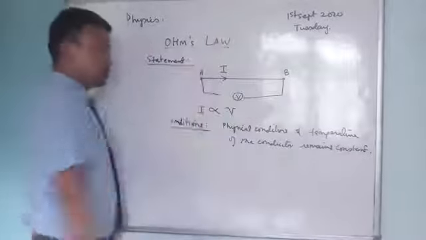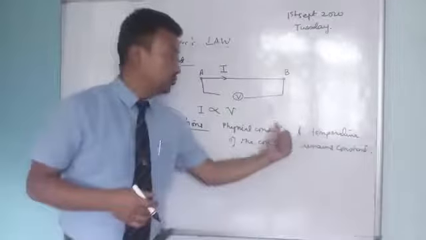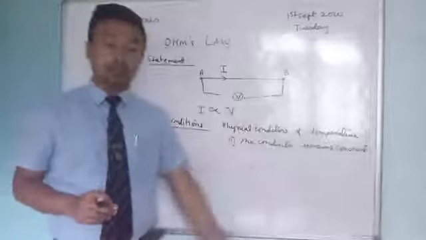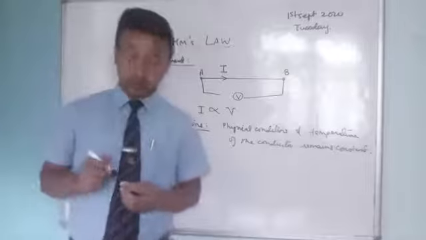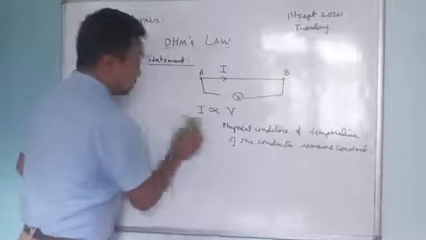Okay, so the temperature of the conductor remains constant. If these physical conditions are not fulfilled or these criteria are not met, then this relation may not come true. Okay, now let us derive.